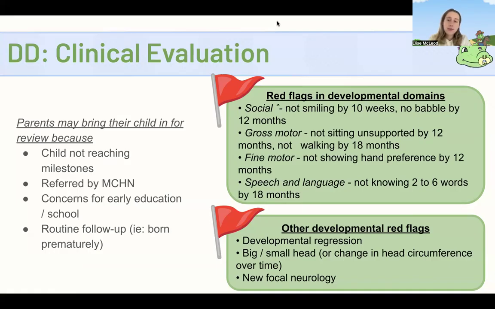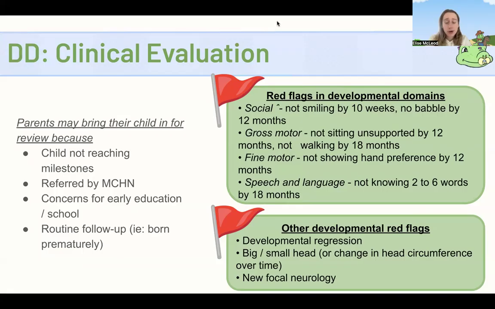And then some other red flags in development, and these are really key ones and make you really concerned. Developmental regression. So if the child acquires skills and then they lose these skills, that's very, very concerning. If they have a particularly big head, macrocephaly, or a small head, microcephaly, or a change in head circumference.